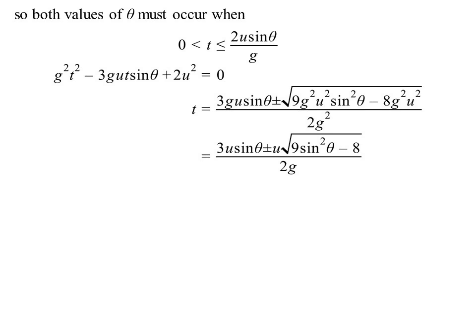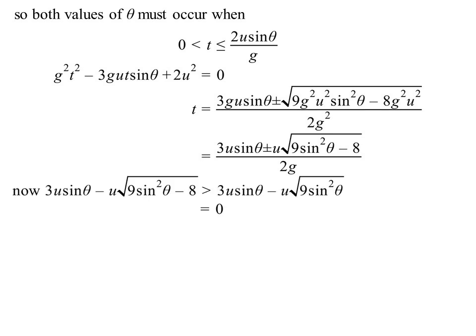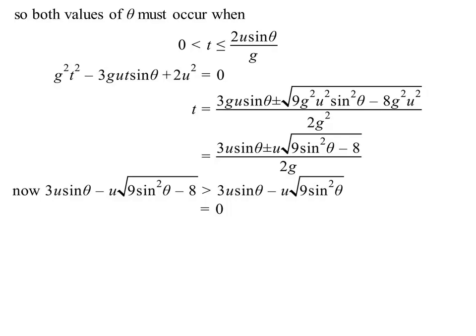It's a lovely expression we have to solve here, but we can simplify it a bit. The square root of g squared u squared is of course gu, so I can factorise that out of the surd. Then the g will cancel with the g squared, leaving me with just a single g on the bottom. Now, have a look at the top of that fraction. I'm just looking at the negative bit, the 3u sine theta minus the root of 9 sine squared, etc. That has to be bigger than 3u sine theta minus u times the square root of 9 sine squared theta.